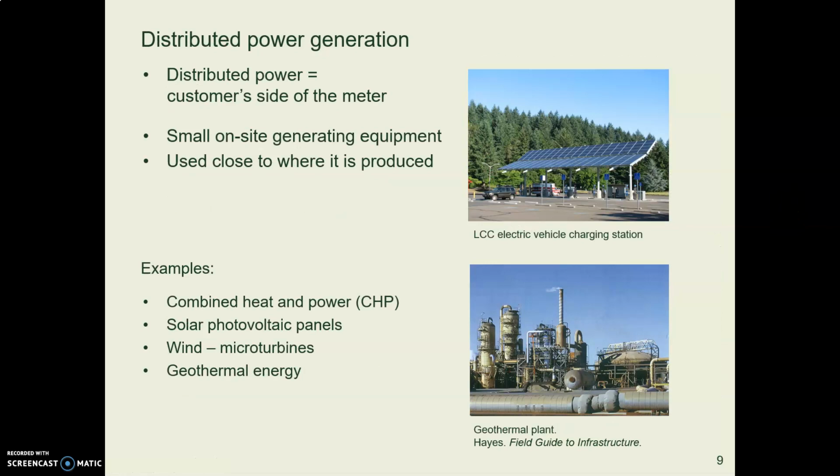Distributed power is power that's produced on the customer's side of the meter. So for example, in LCC's parking lot, here is this array of solar panels. We produce electricity with these panels on our side of the meter. And if we produce more than we need, we can send that power back through our meter to the grid and sell it back to the utility.